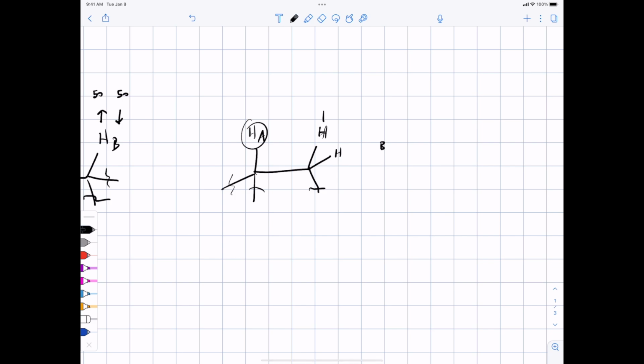This first proton can be aligned with the field or against the field, and the second proton can also be aligned with the field or against the field.